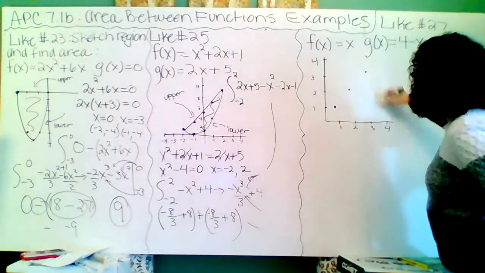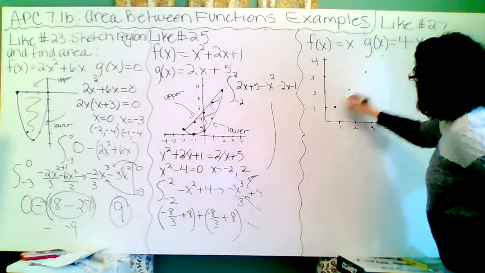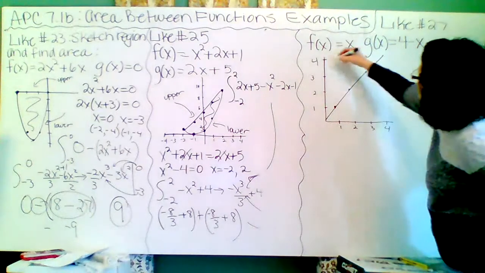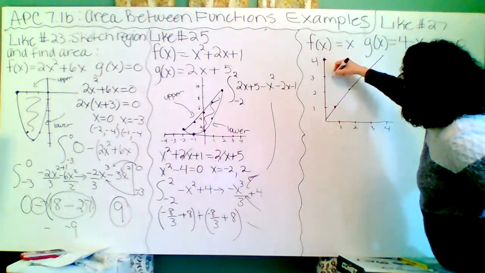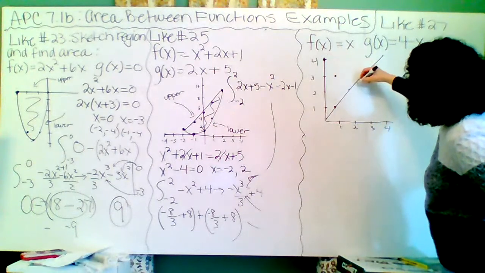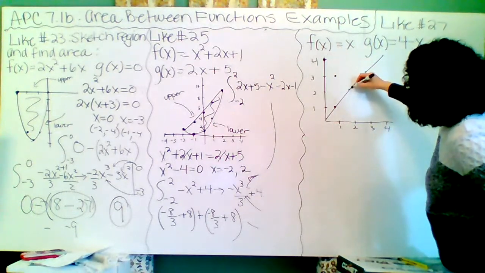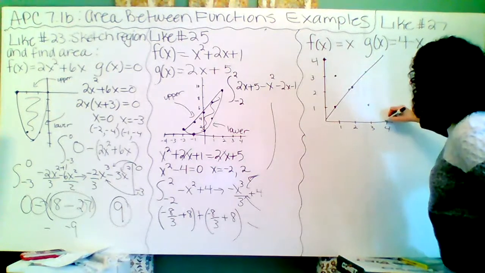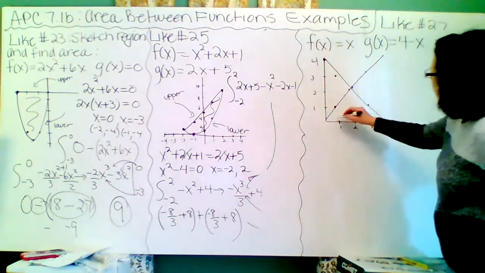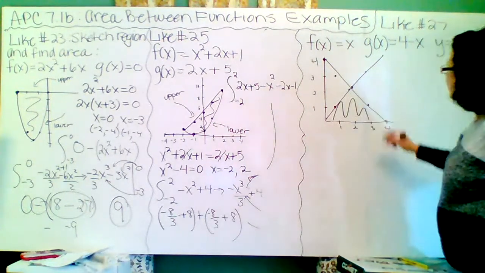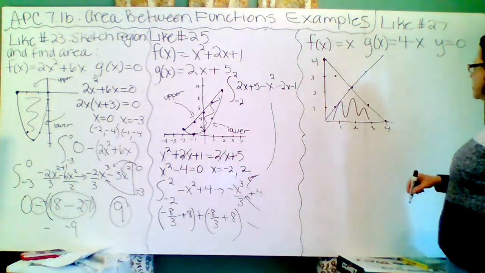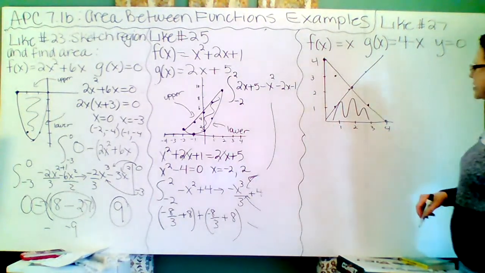Just trying to get a little, there we go, it looks like this. 4 minus x, that is a line that starts up at 4 and goes down 1, right, for each. There we go. Okay, so we have this area here, right? They said the area between the y equals x line, 4 minus x, and the x-axis. So we have this area.